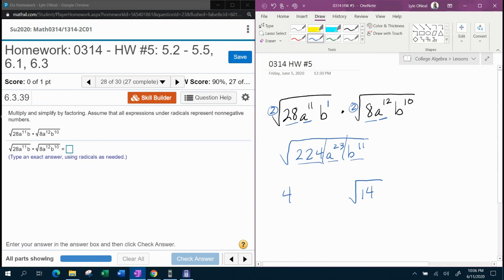And there's a couple of other ways you can do that. One way you can do it is you can find the prime factorization of 224.